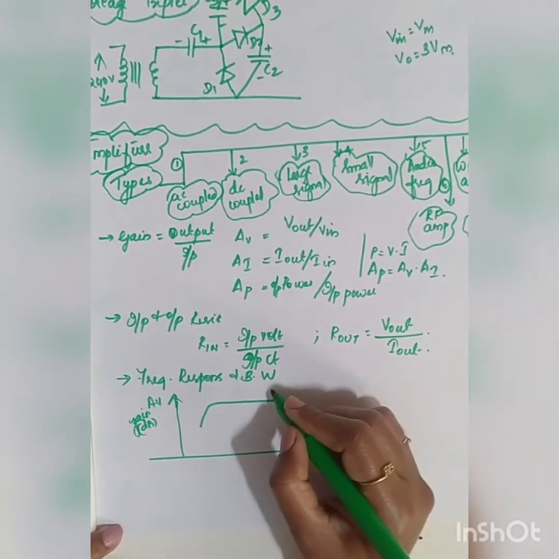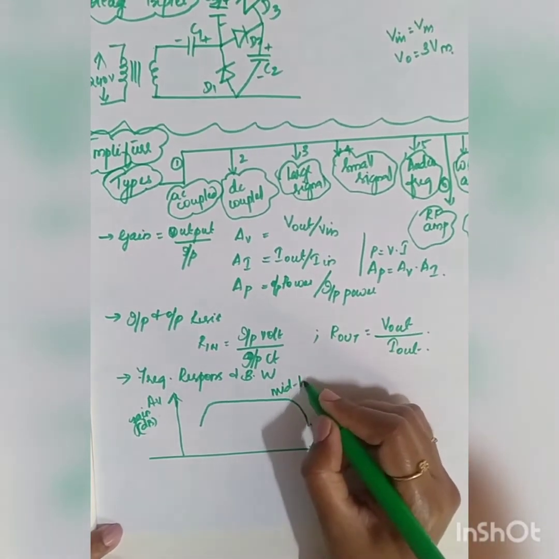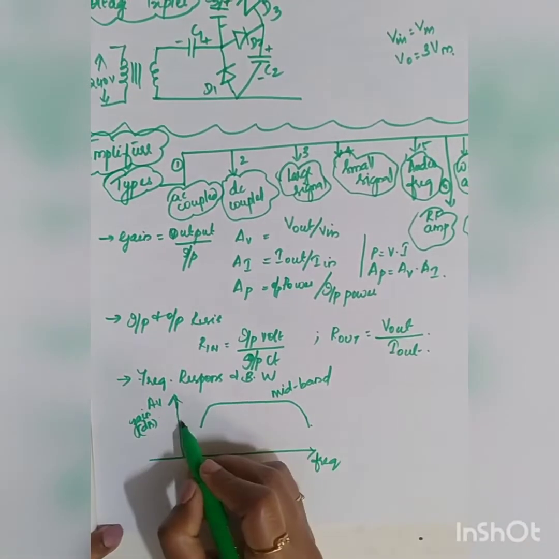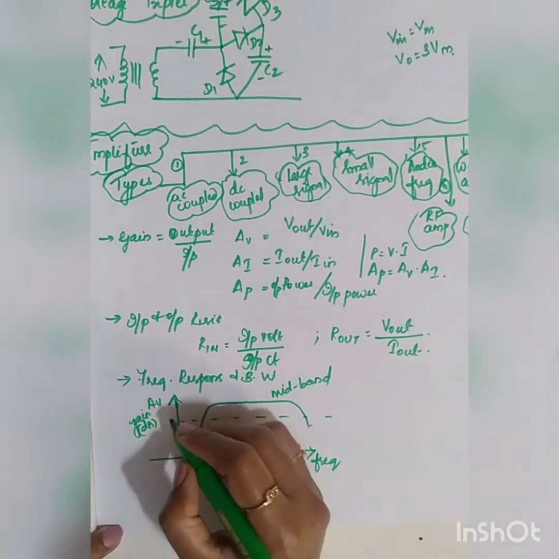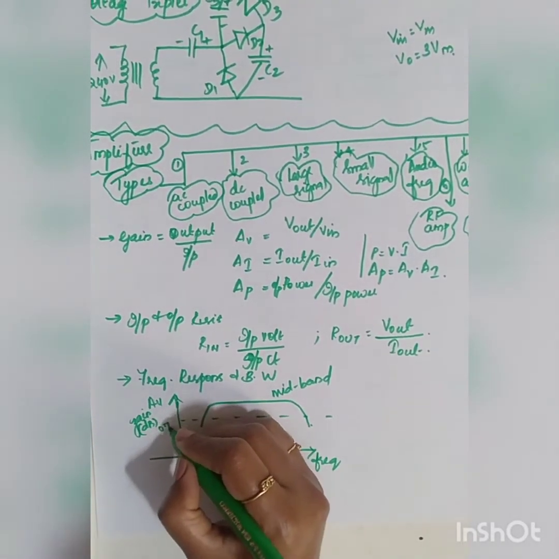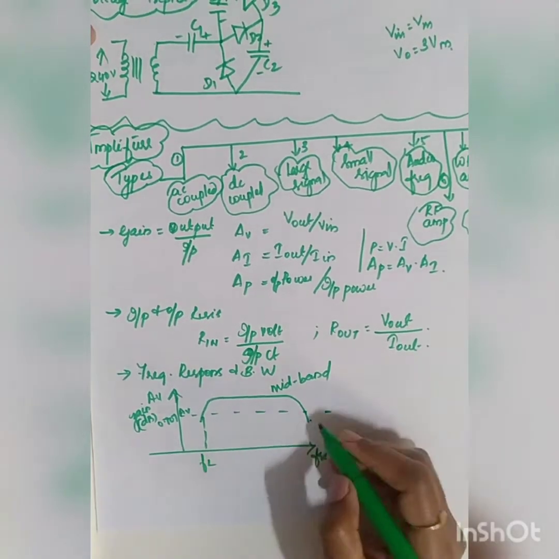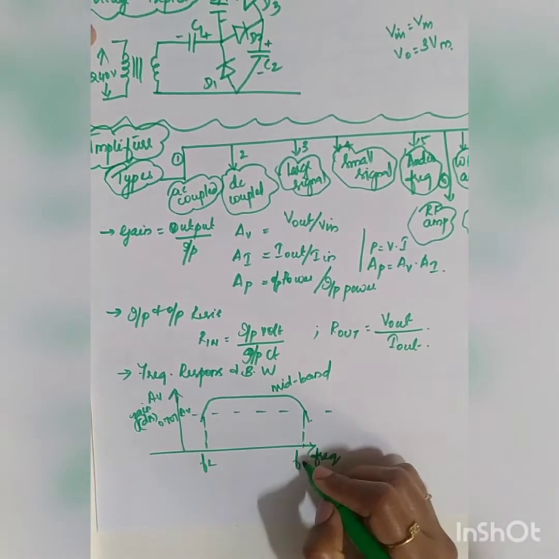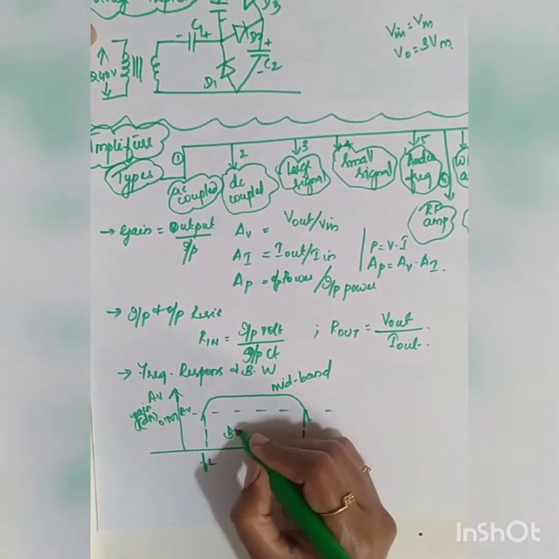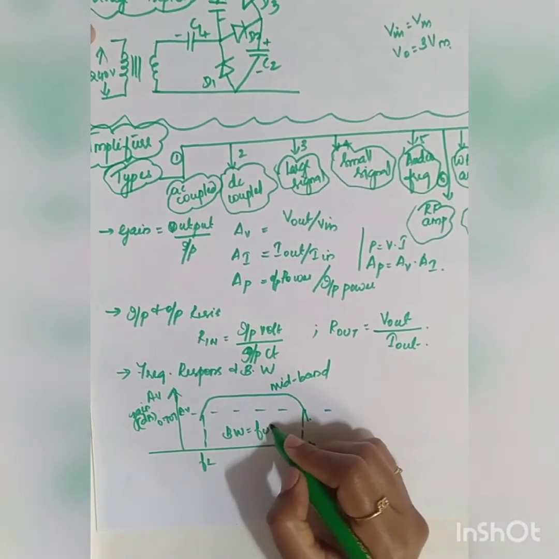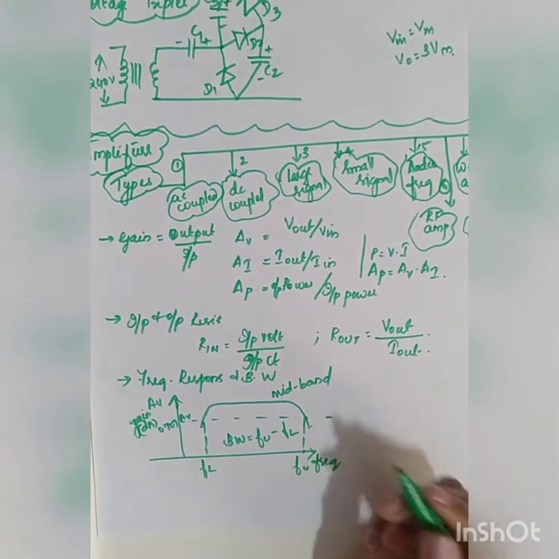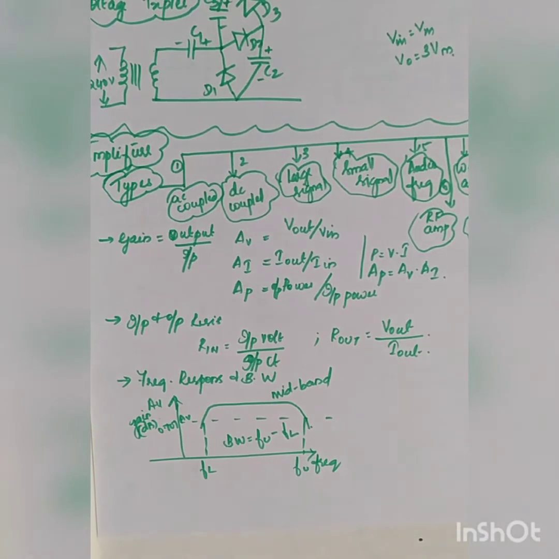Mid frequency, mid band, it was stable. Okay. So wherever you have minus 3 dB, that is nothing but equal to 0.707 AV. You had two frequencies, lower cutoff frequency and upper cutoff frequency. Therefore, the bandwidth will be equal to upper cutoff frequency minus lower cutoff frequency. That was your frequency and bandwidth.